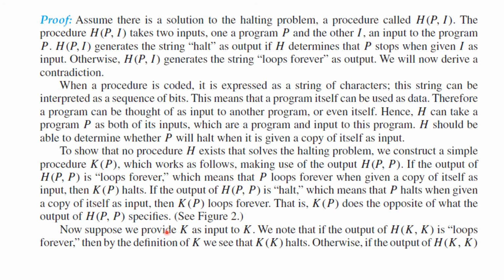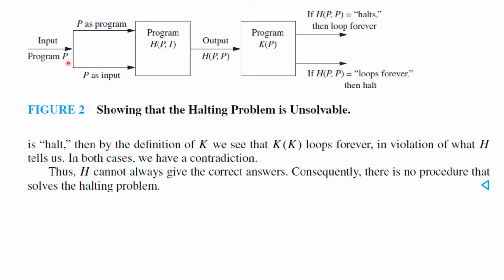Now suppose we provide K as input to K. We're going to summarize what happens with K(K) on the following chart. The input is P as a program and P as input, and the output is H(P,P), which goes into K(P).